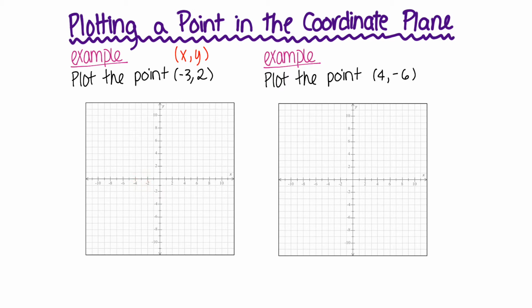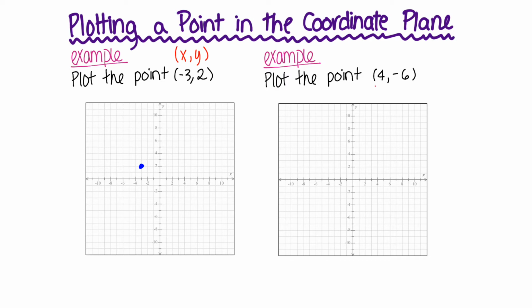Don't plot anything yet, but this is -3. Next, it tells us to go up to 2 on the y-axis. So here's 2, here's -3 for the x, 2 for the y. Those things are going to meet right here. This one has an x-coordinate of -3 and a y-coordinate of +2. So I can just plot a point there, and it's done.